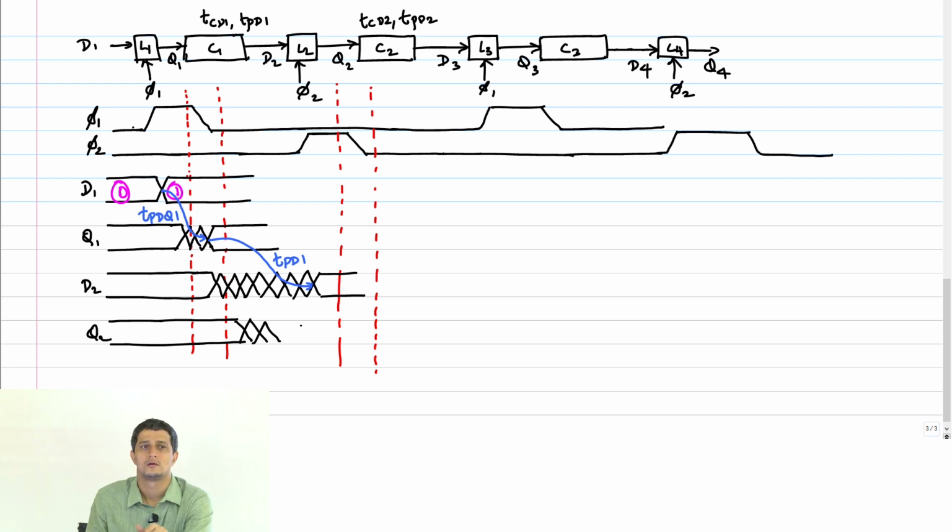It cannot, because L2 is still opaque. It is holding the previous state. Which event is it holding here? It's holding event 0 here. Even this was holding event 0. So therefore, this guy will wait all the way till the clock rises.